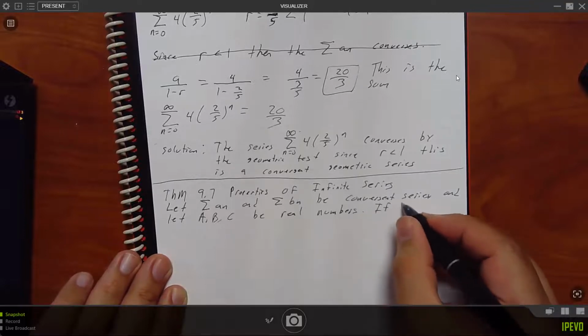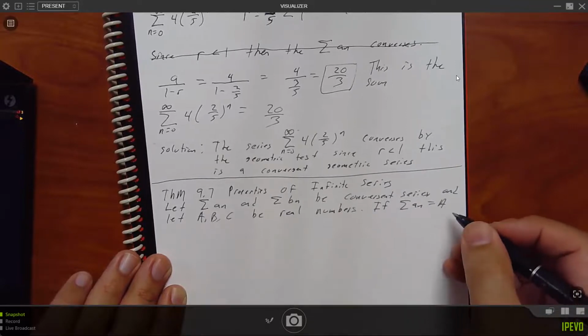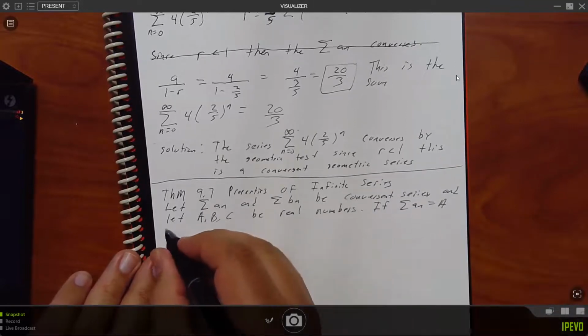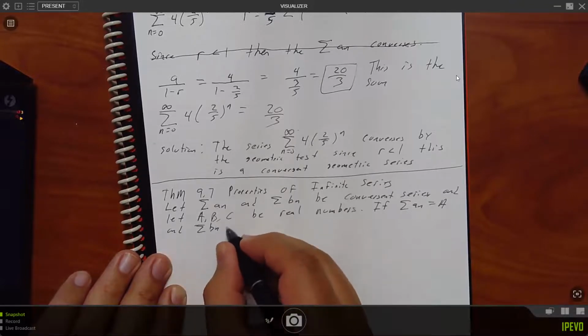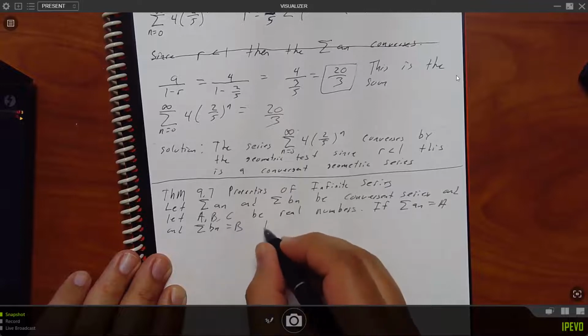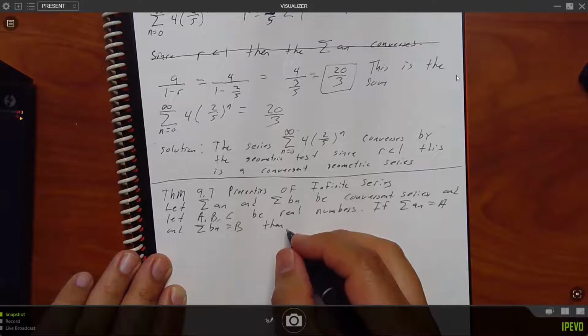If the series a sub n is equal to A and the series of b sub n is equal to capital B, then the following is true.